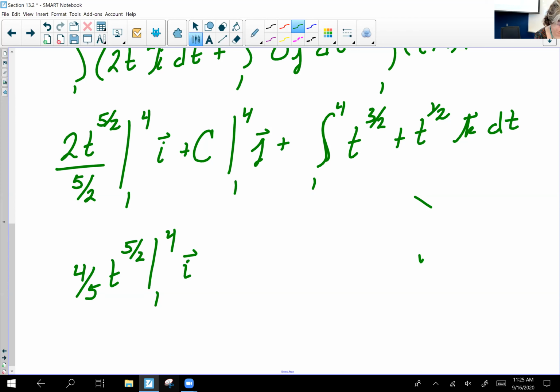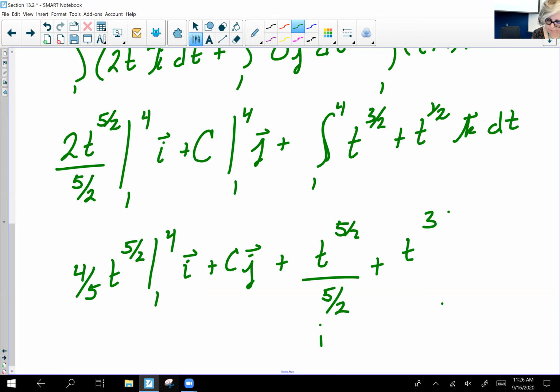Now let's look at this middle term real quick. I said it was some constant C, but I don't have any t to plug into, do I? So it's just going to stay that way. And then this is going to be t to the 5/2 divided by 5/2, plus t to the 3/2 divided by 3/2, evaluated 1 to 4, of k.